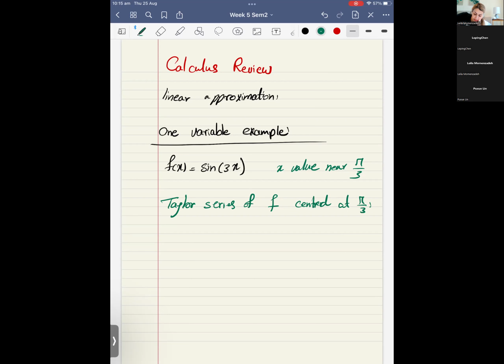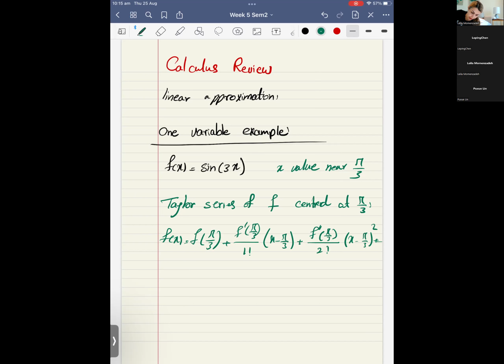Do you remember the Taylor series? f of x equal to f pi over 3 plus f prime pi over 3 over 1 factorial times x minus pi over 3, plus f double prime pi over 3 over 2 factorial times x minus pi over 3 to the power 2, plus and so on.